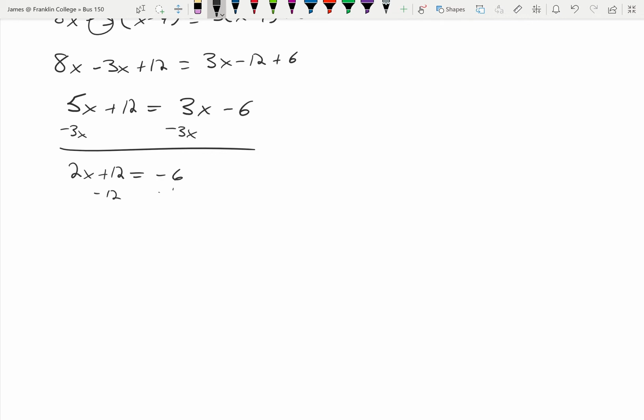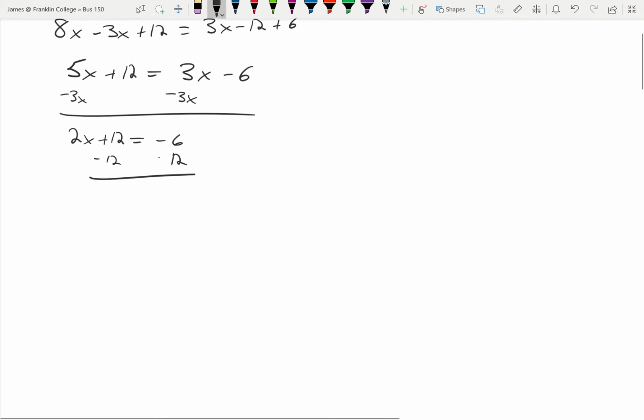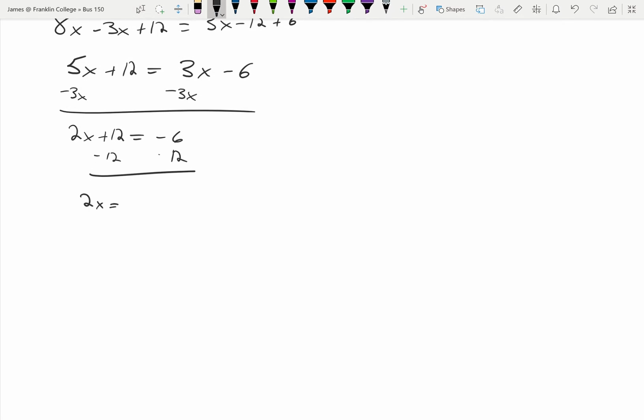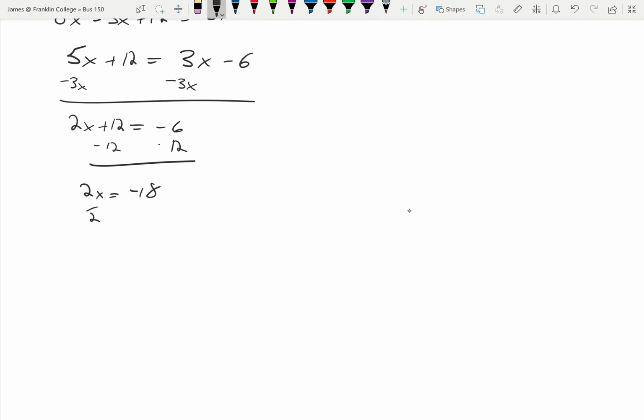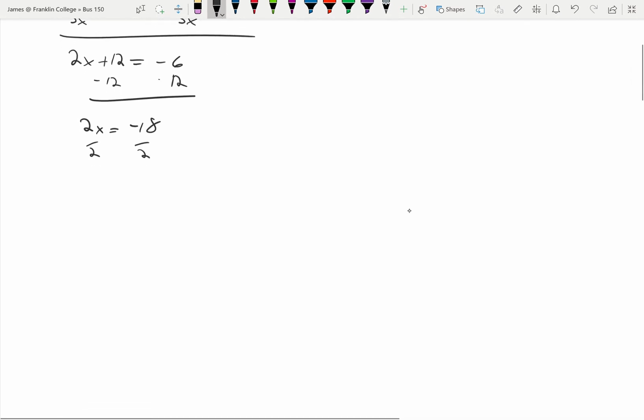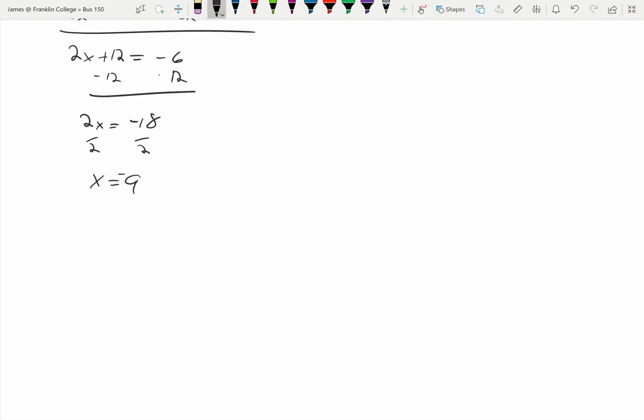We can subtract 12 from both sides, and we're going to get 2x equals minus 18. Then we can divide both sides of our equation by 2. We're going to get x equals minus 9.